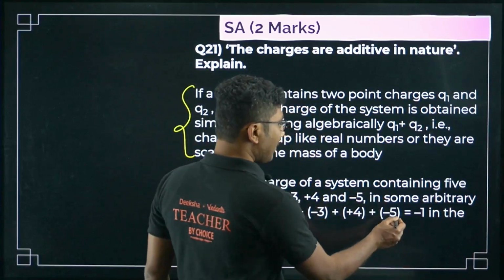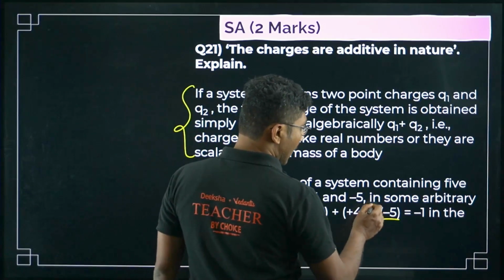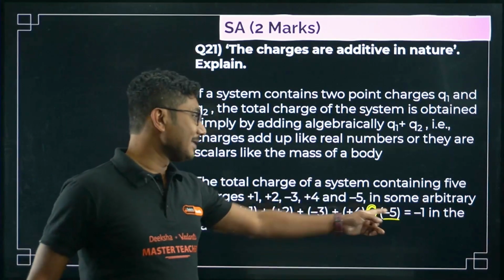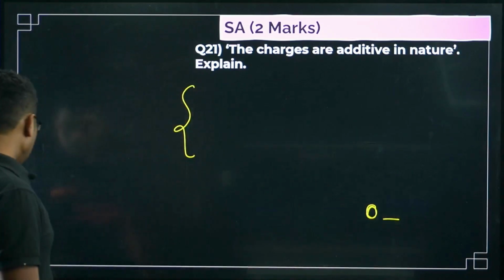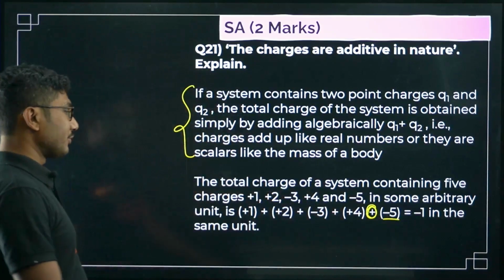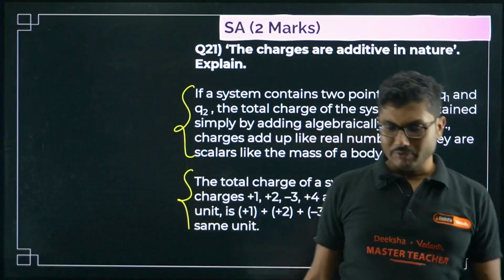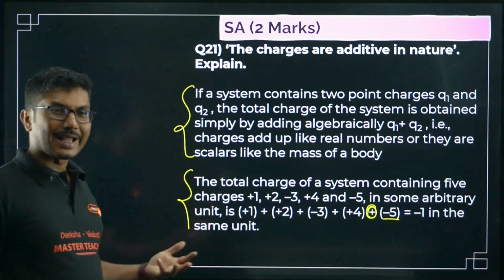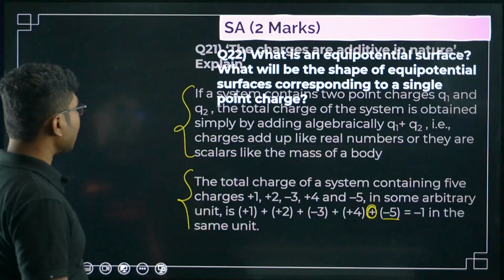The minus sign is kept in a bracket to show that the negative charges will be added with the sign. Now if you add everything, you will get minus 1 as the charge in the same unit. So this is the example. You can give any one of the examples. I think I took it from your NCERT book, so that is why the example looks like this, but you can take any example containing 3 charges. That is fine. Now let's move on to the next question.